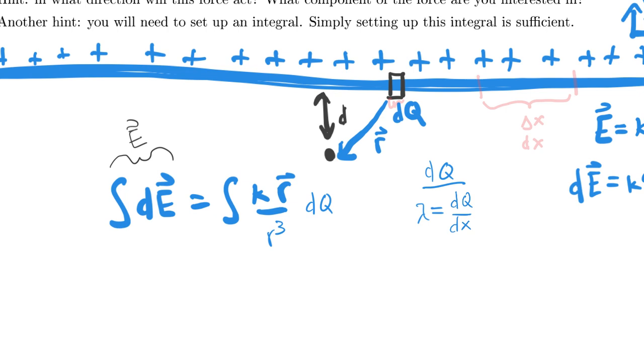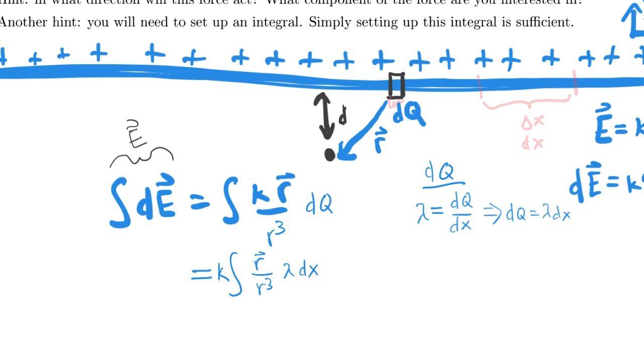And if we rearrange that, we get that dq is equal to lambda dx. And so we can rewrite our equation over here as the integral, and the k can come out, the k is a constant, of r cubed, and then this dq can be lambda dx.